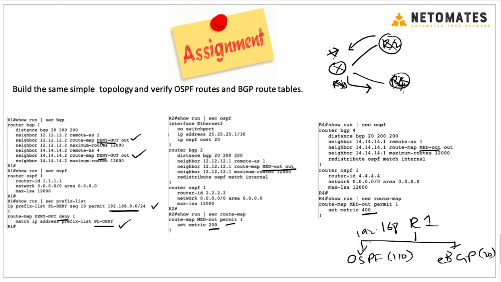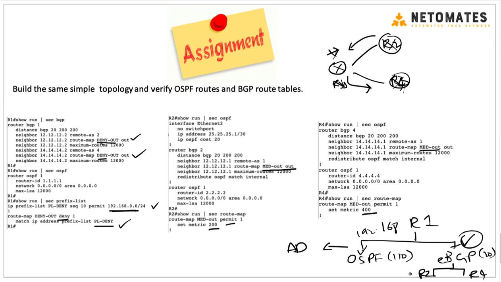So which protocol will it prefer? Here the tiebreaker is AD, so it will choose the lowest one, so it will prefer eBGP. Inside eBGP it is learning from R2 and R4. Now AD is the same for both the routes. R2 is telling R1 that you can reach the 192.168 network through me, and R4 is also saying the same thing.